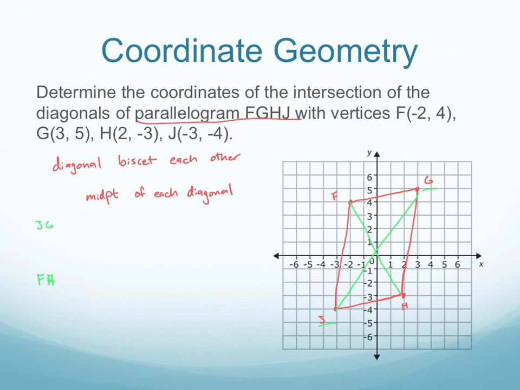As a reminder, our midpoint formula is x1 plus x2 over 2, and then we have y1 plus y2 all over 2. So I'm going to have -3 plus 3 over 2, and then -4 plus 5 over 2.